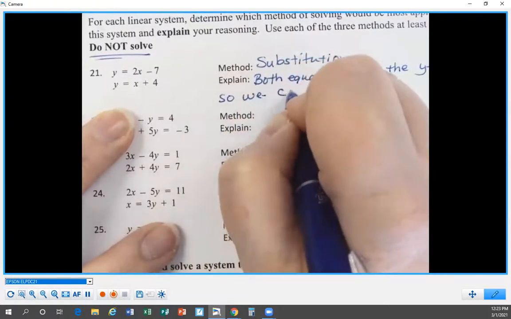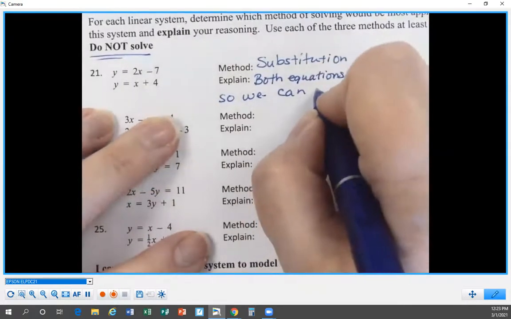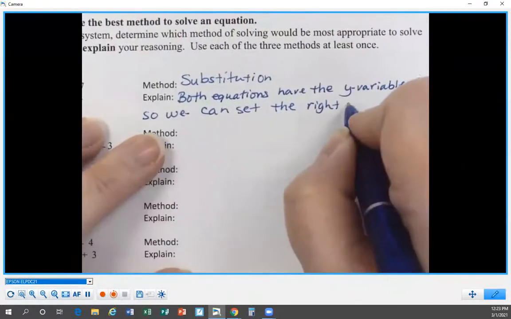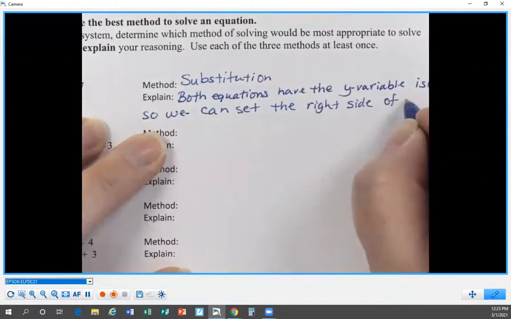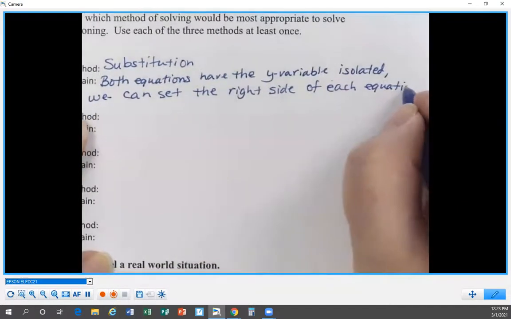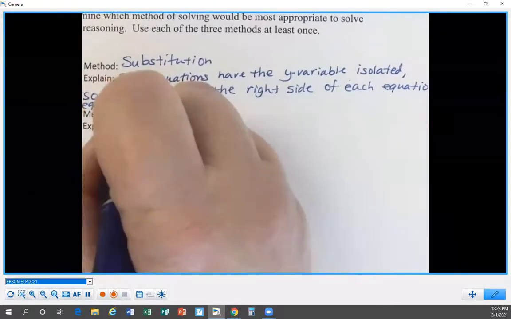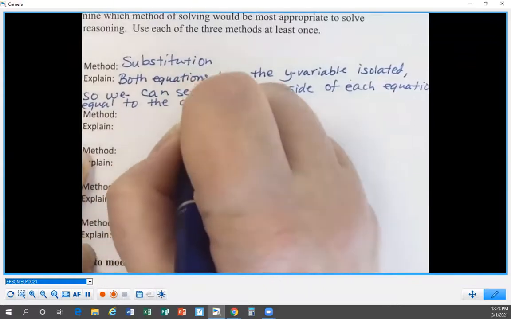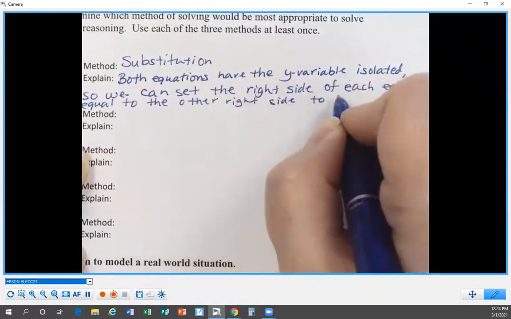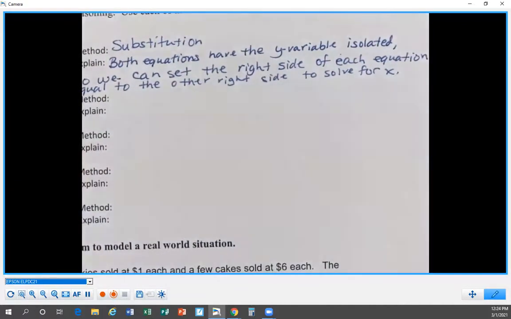So we can set the right-hand sides equal to each other to solve for x. Okay, so it's easy to substitute that, simple substitution.